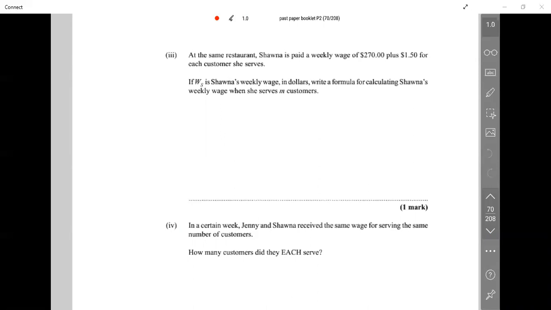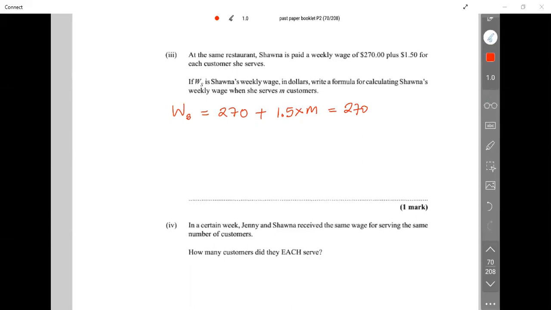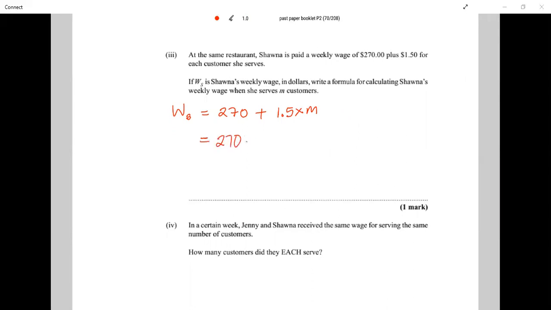All right, so WS would be equal to the basic, which is $270, plus $1.50, and she will earn that from serving M customers. So this is equal to 270 plus 1.5M, where M is the number of customers.